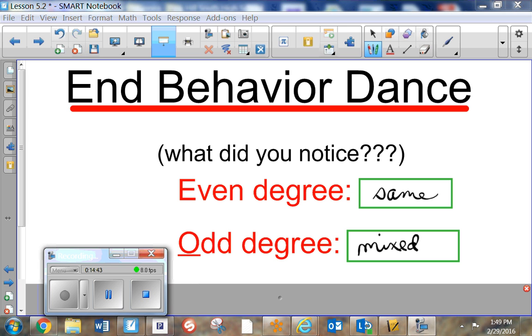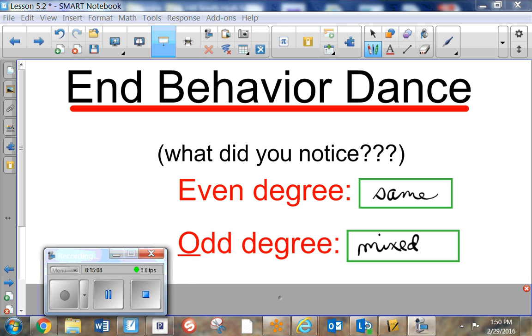Now here's the trick question though. How do you know whether the original A is negative or positive? Can you see a pattern, a correlation between it and the end behaviors? To give you an idea, instead of starting, look at the ending.